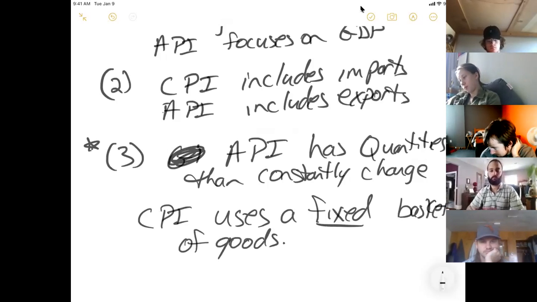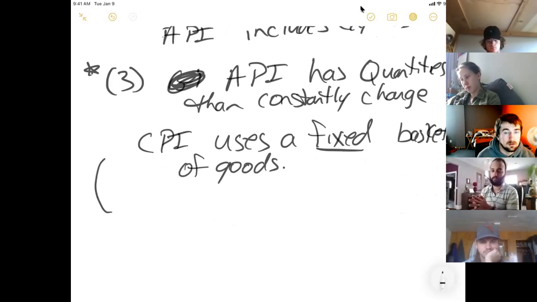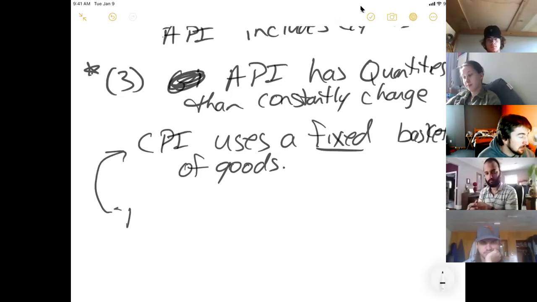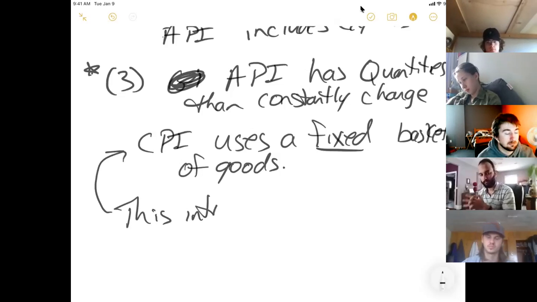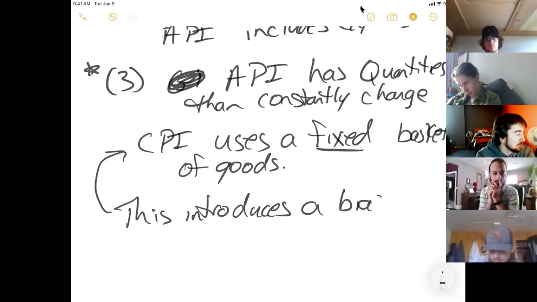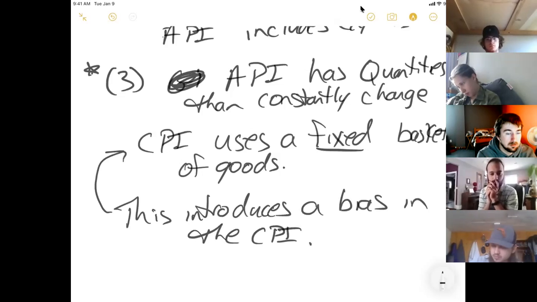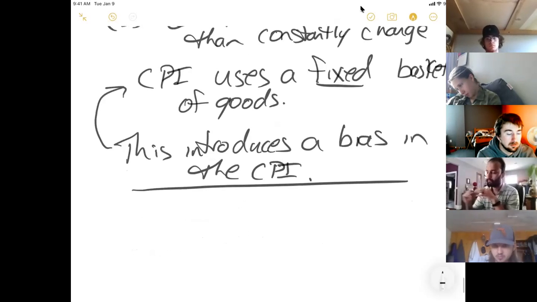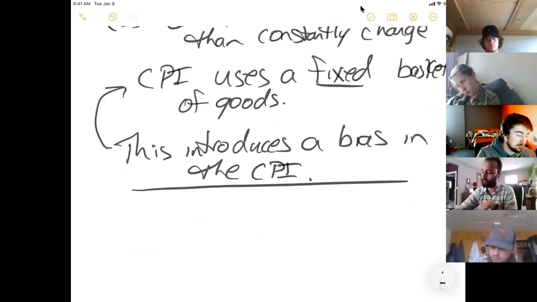Now, why is that important? The reason why this is important is because this actually introduces a bias in the consumer price index. The fact that the basket is fixed introduces a bias.